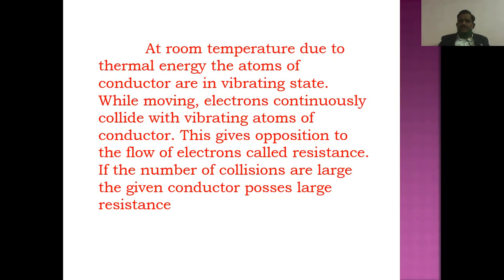We know that when temperature increases, the vibration of the atoms also increases. So when these atoms vibrate, then these free electrons collide with the atoms, and these atoms produce resistance to the flow of the electrons inside the wire. So this is the resistance which has increased due to temperature.